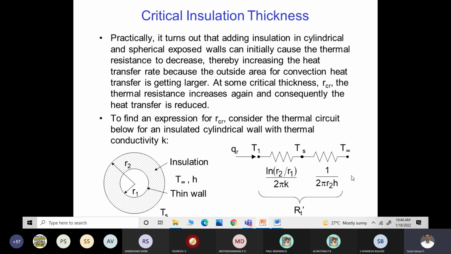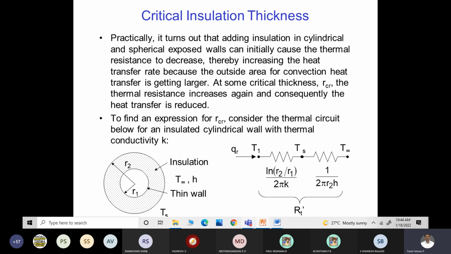When it keeps on increasing, the heat transfer increases and reaches a maximum limit, and then the heat transfer rate decreases, or the thermal resistance increases again.